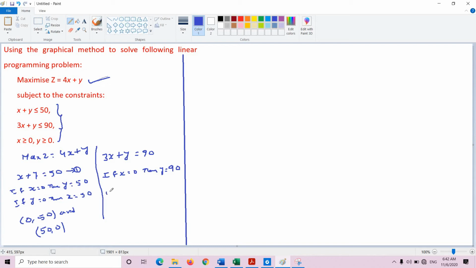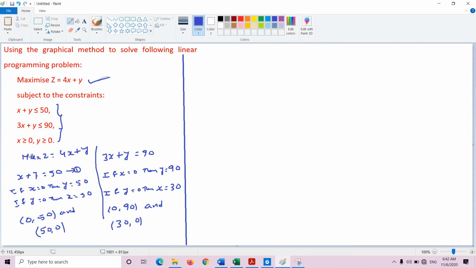If y equal to 0, then 3x equal to 90 and x equal to 30. Here you get the two coordinates: 0, 90 and 30, 0. Like this, you are getting the coordinate points for the constraints.